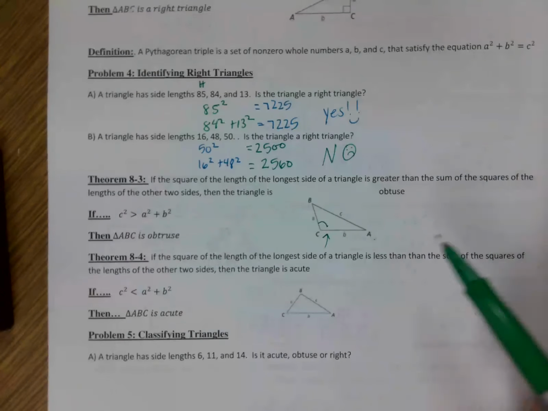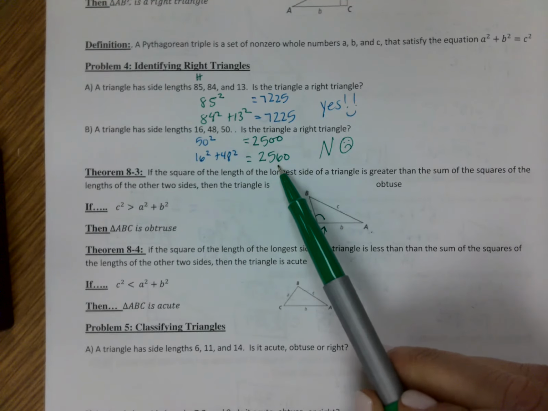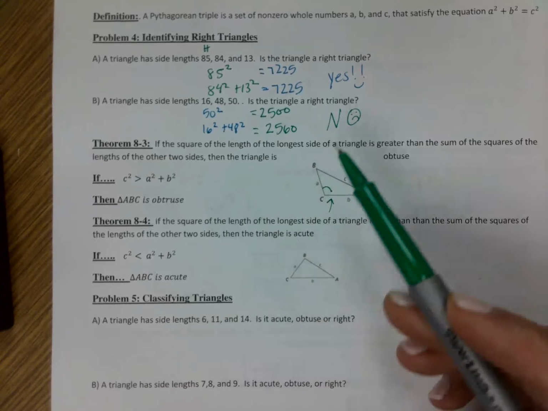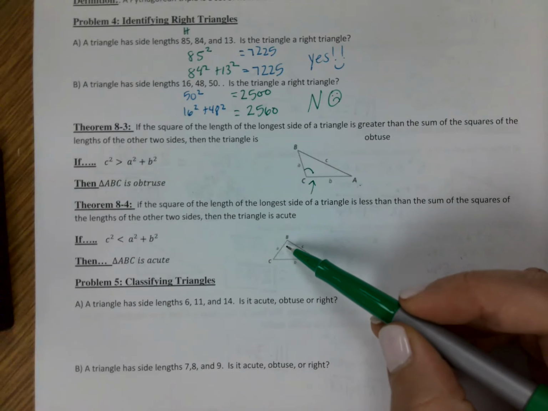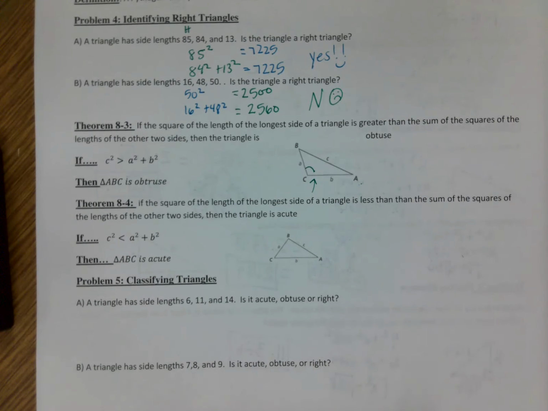That's what obtuse means. If in this case, like the one up here, a squared plus b squared is larger, this creates an acute triangle, meaning every angle there is less than 90 degrees.